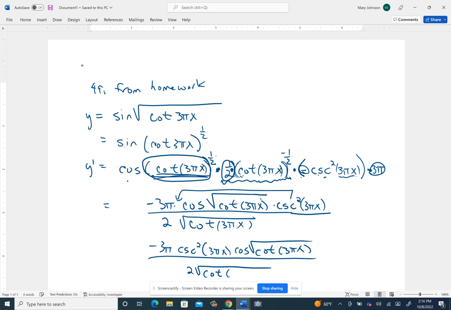And don't be tempted. You see that cotangent 3 pi x under the radical? You want to try to cancel it, but you've got the cosine of it there. Cosine is not cosine times that, so you can't knock out the times that are left. The times that are left are here and here, but not between the cosine and that. All right, so that would be a good stopping point right there.